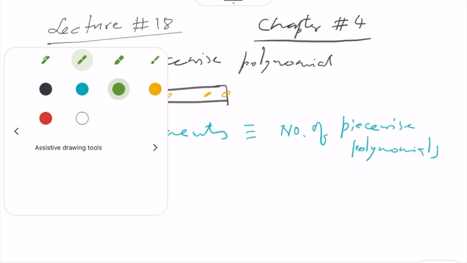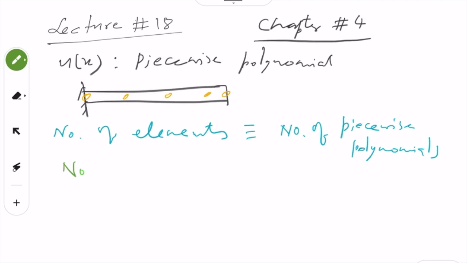So, the number of nodes in each element has a meaning. It depends on the number of variables that define the polynomial.